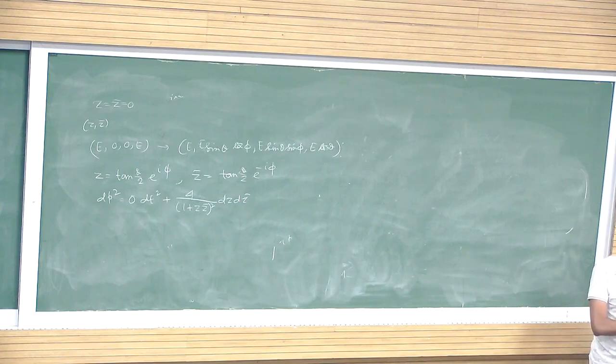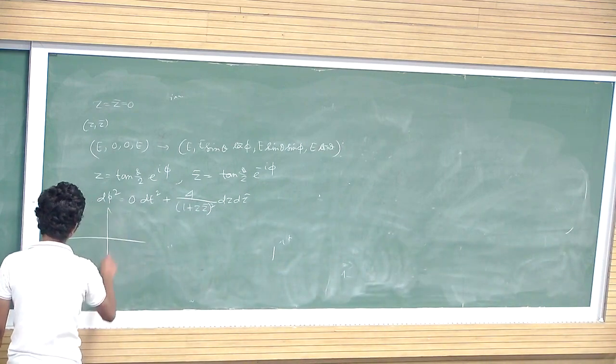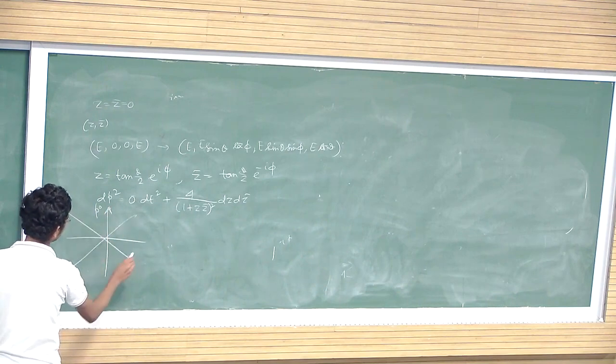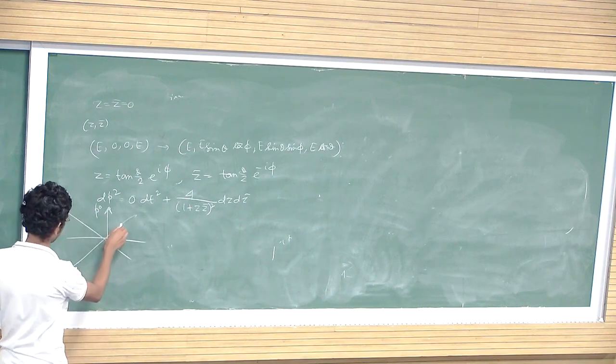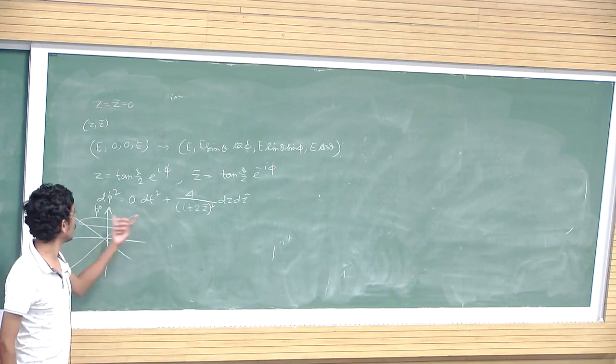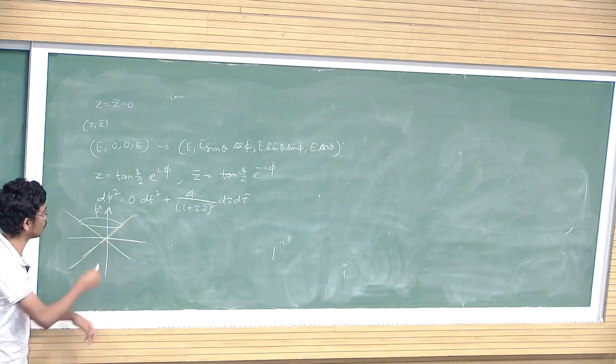Okay, so in momentum space, for example, this is your P0. This is basically the two sphere, and z bar are the coordinates on that two sphere. And this dp square means that the massless particles always lie on this null cone, right?